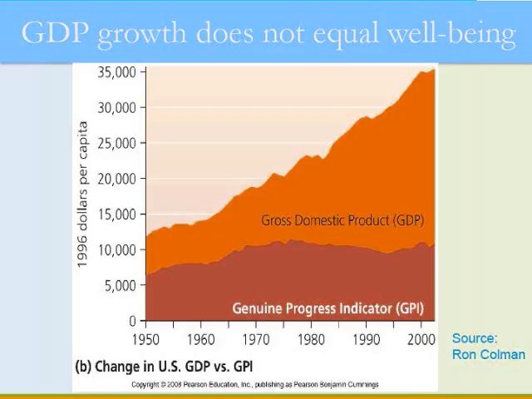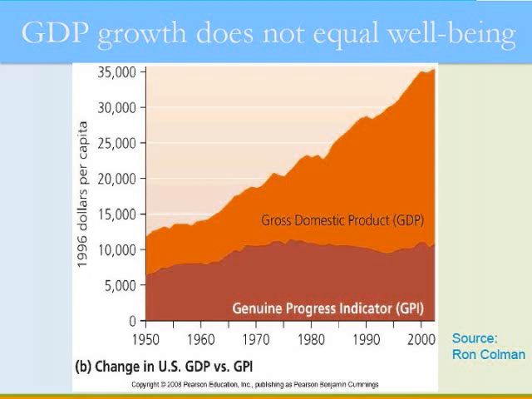This is a picture from Ron Colman's presentation, basically showing that the growth of GDP does not necessarily imply genuine progress, and he uses the genuine progress indicator to show that GDP and genuine progress in the 50s and 60s were moving up in parallel, but at some point in the 70s, the GDP continued to grow, but the progress didn't.